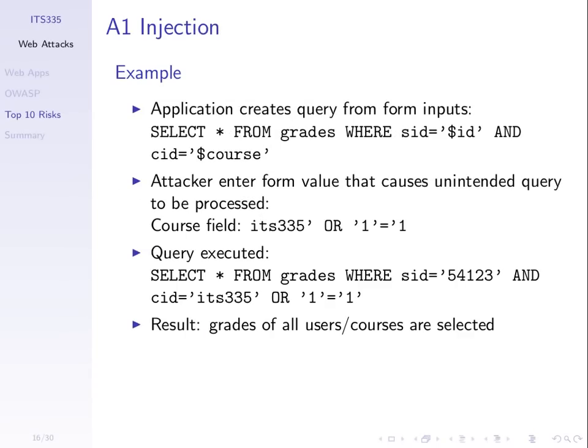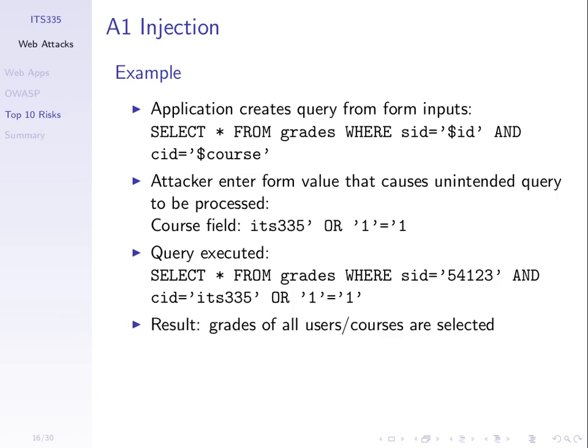So back to our slides. The examples are similar to what we saw in our case. The application normally creates a query from some form inputs. So whatever the values are in the form, it creates a query. The attacker enters a value into the form that causes some unintended query to be processed.